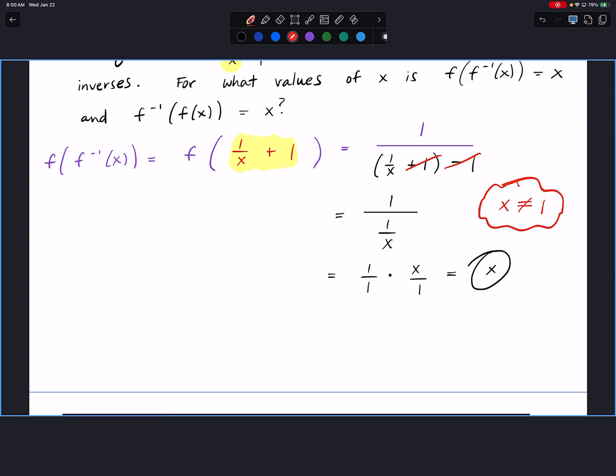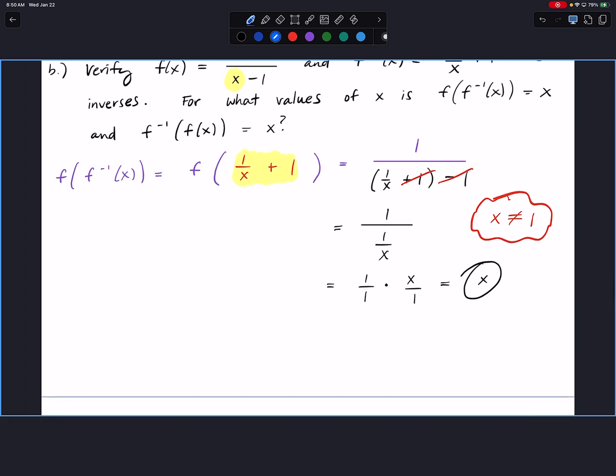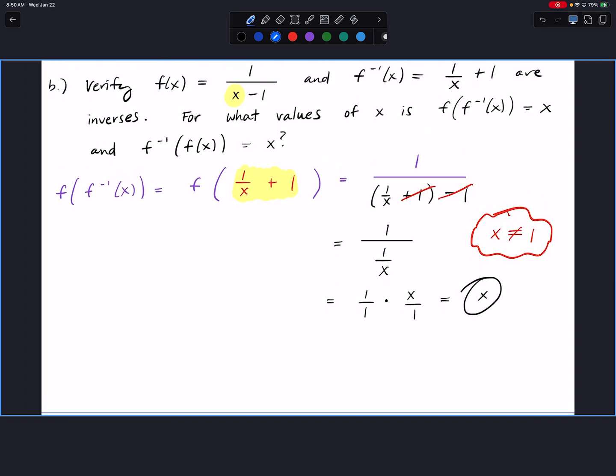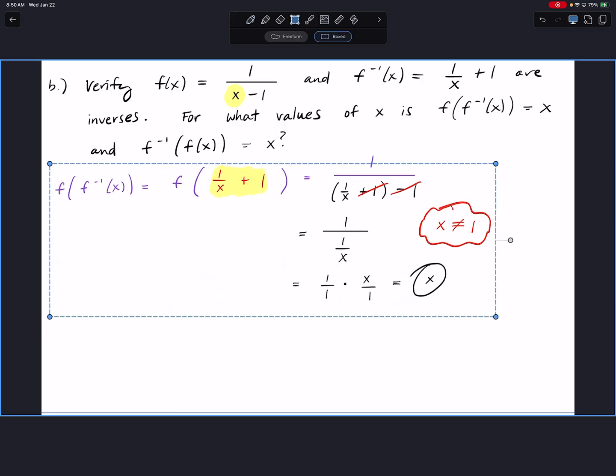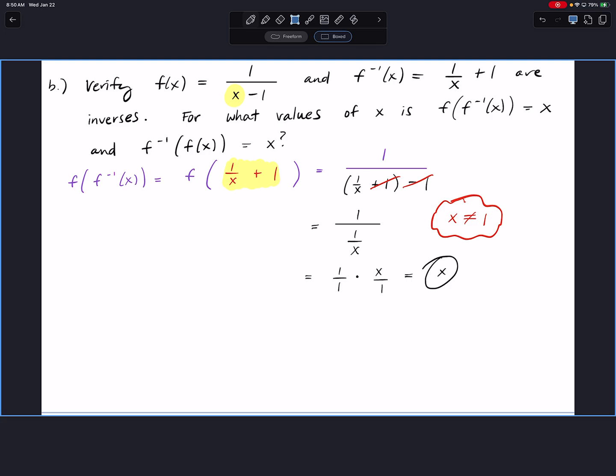Okay, so now let's do the other direction. And I'm going to make this smaller so everything fits. So f inverse of f of x is equal to f inverse of f of x, which they told us was 1 over x minus 1.